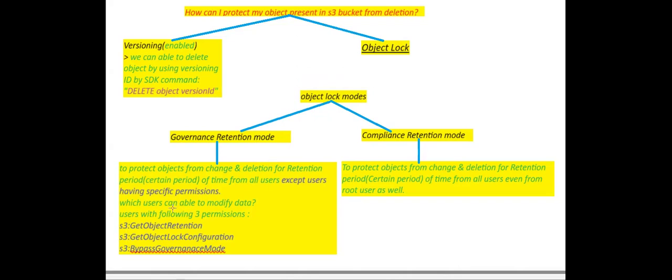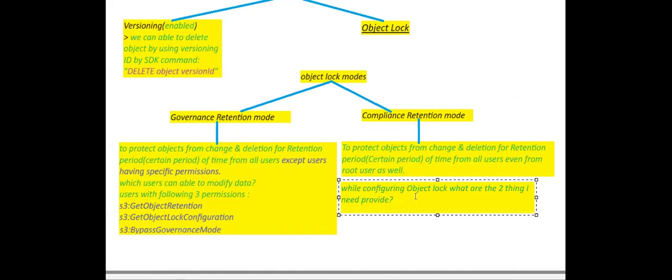Users having these three permissions. What are these three? Get object retention, get object lock configuration, and bypass governance mode. Those who have these three permissions can modify your content or objects which are present under governance retention mode.